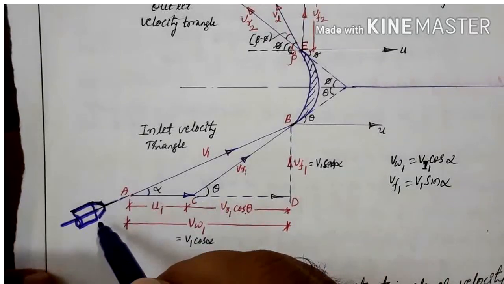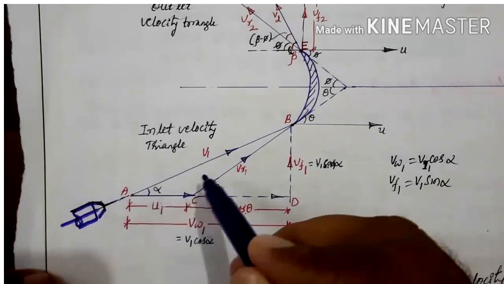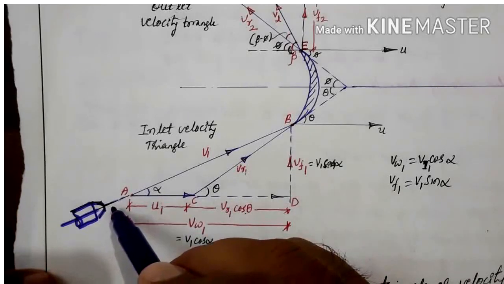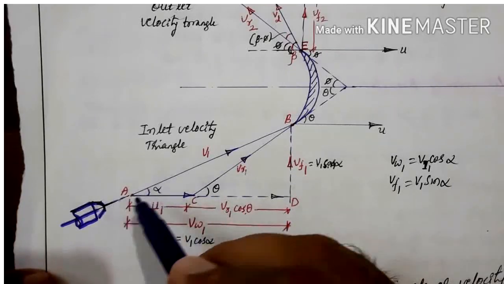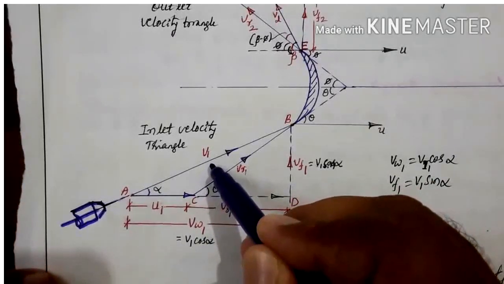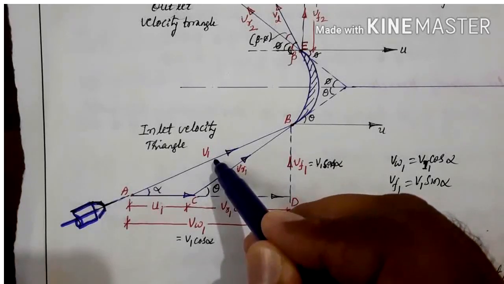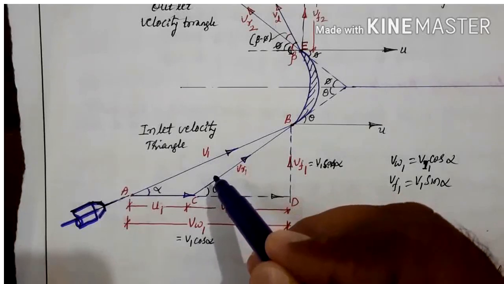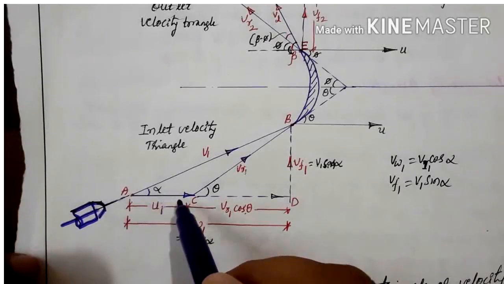The velocity with which the fluid is coming out of the nozzle is called the absolute velocity of the fluid at the inlet, and this is denoted by v1, and it makes an angle alpha with the horizontal or the tangential direction.